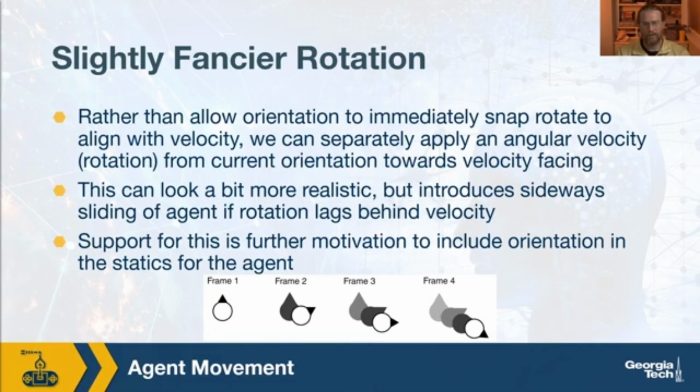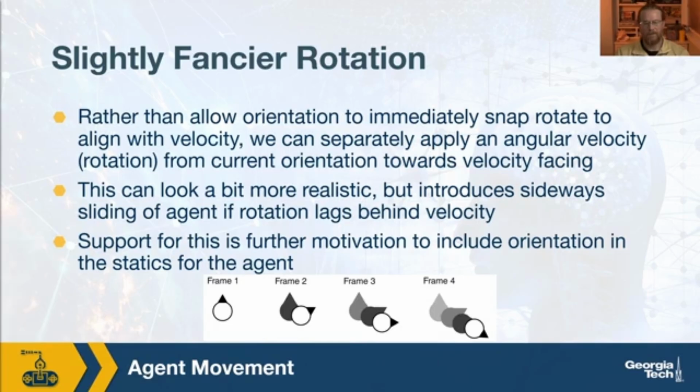But we could add a little aesthetic animation that we calculate by hand in the rotation. If we know from our statics our last known orientation, we could apply an angular velocity to rotate towards whatever our new direction to face is.